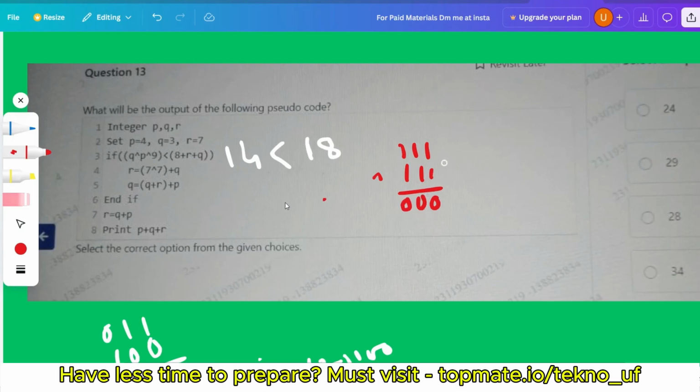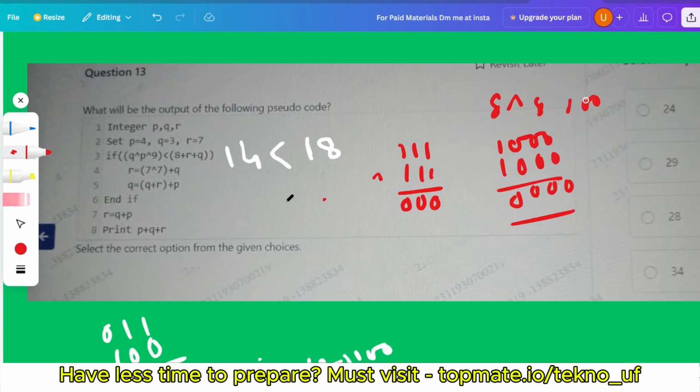Let's say 8 XOR 8. 8 means 1000, 8 means 1000. So whenever both are same, obviously that will be 0. Let's say 4 XOR 4, so that means 100, 100. Obviously both bits will be same, so the result will be false itself. I mean 0 itself.